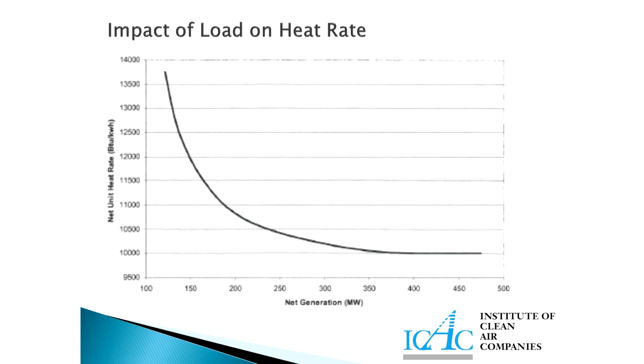With the point being that at about a quarter of a load, 200 megawatts, you have gone from 10,000 to 11,000, or you have lost 10% on your heat rate. That's amazing, and that's very, very important. Where does that come into play?